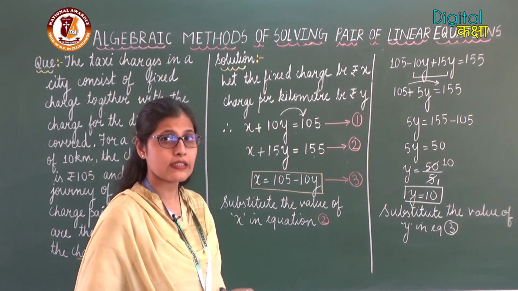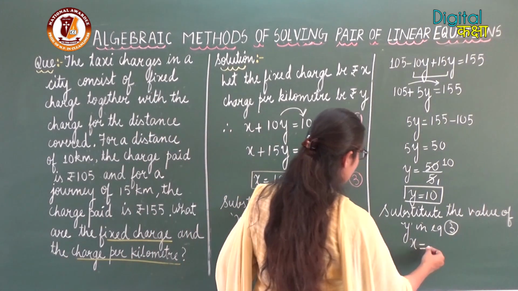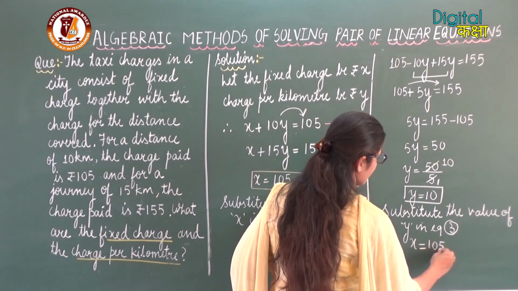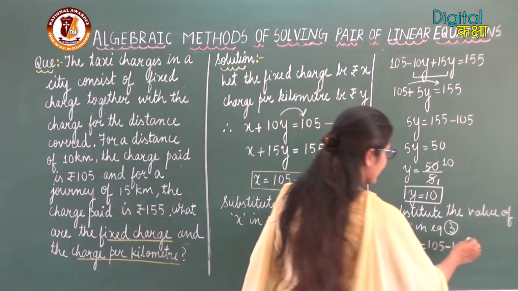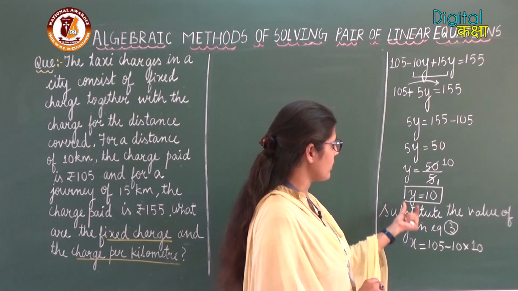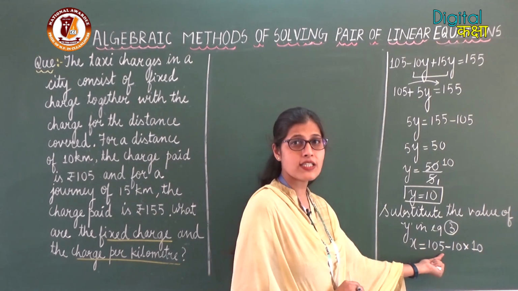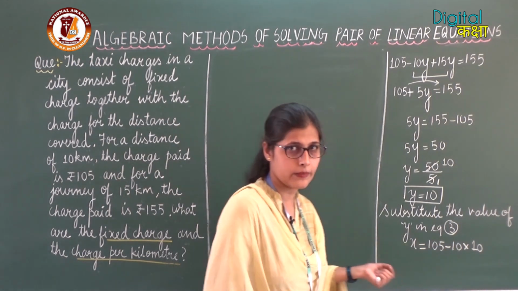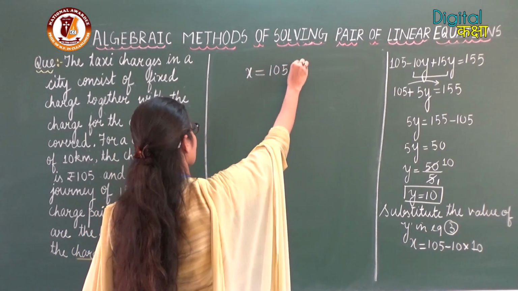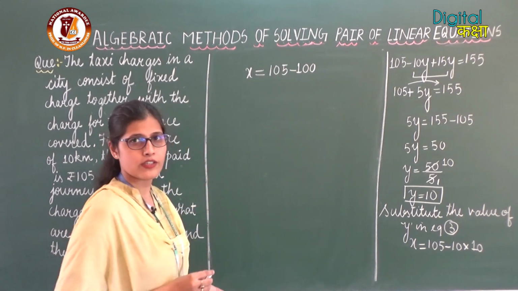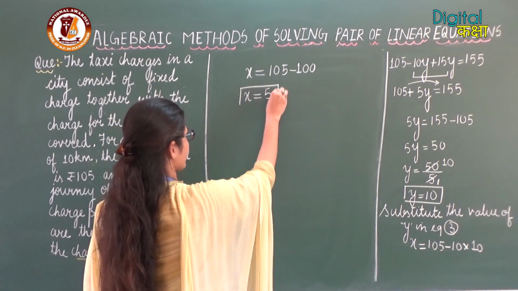When we substitute the value of y in equation number 3, we will be getting x equals 105 minus 10 into, in place of y, I will be writing 10. So, the value of x will be equal to 105 minus 10 tens are 100. When we subtract 100 from 105, our answer will be 5.